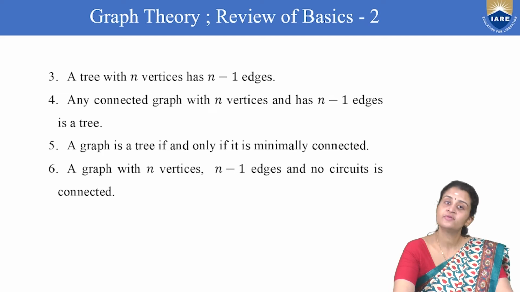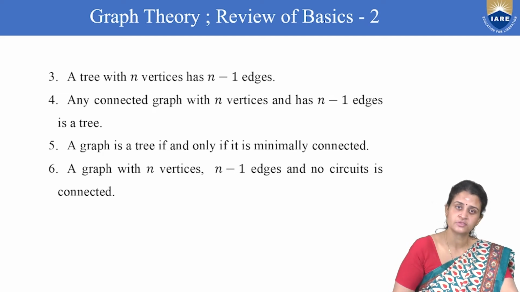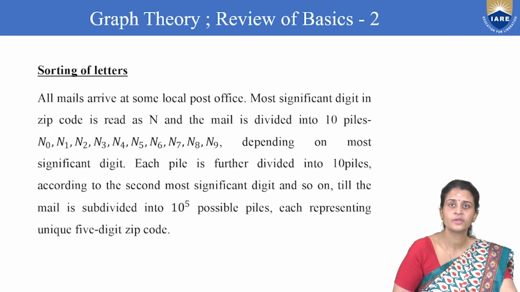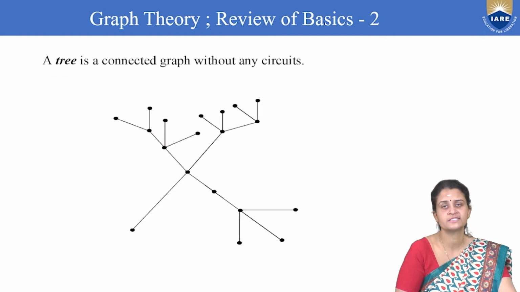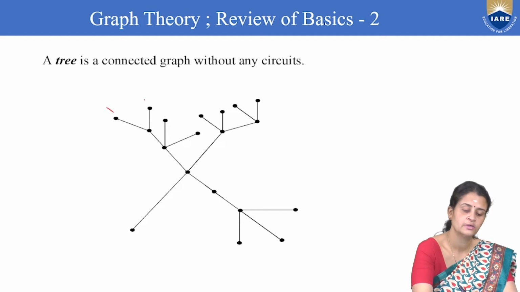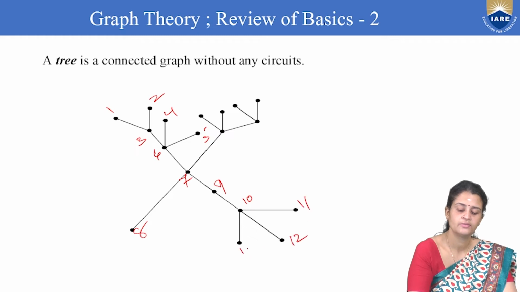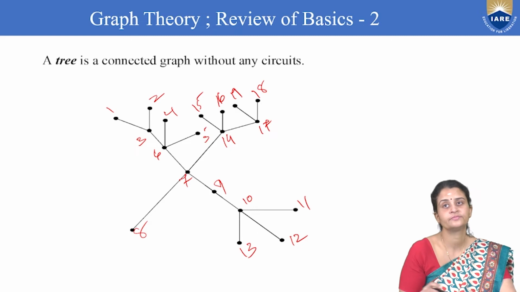A tree with n vertices has n minus 1 edges. Is it so? Let us see our first example. Here, how many vertices are there? 1, 2, 3, 4, 5, 6, 7, 8, 9, 10, 11, 12, 13, 14, 15, 16, 17, 18, 19.